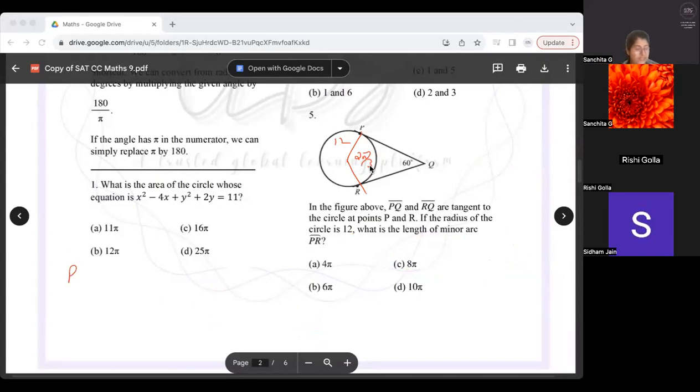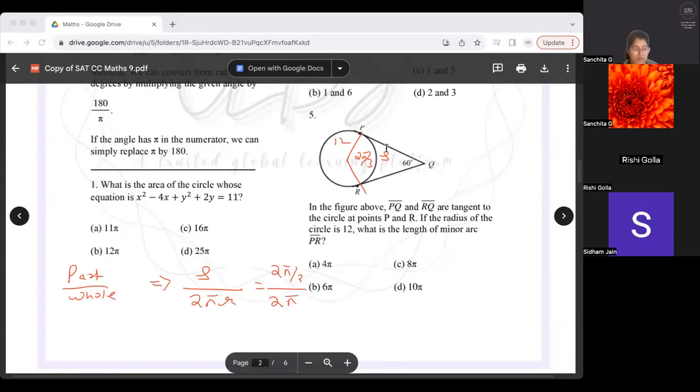All right. Now, if I take, let's say, the part over whole concept, that way also we'll get an answer. We take the angle as 2 pi by 3. Let's see. Part over whole, what do I get? My part is going to be PR, so let's name this part as S, divided by the whole, that is 2 pi r. That is equal to my angle side, 2 pi by 3 divided by 2 pi.